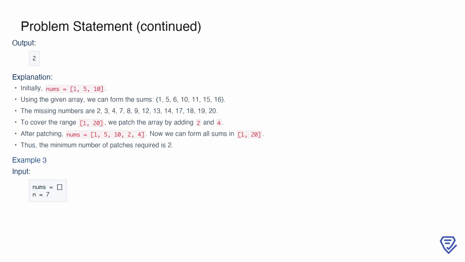To address this, we add the numbers 2 and 4 to the array. After patching, the new array becomes 1, 5, 10, 2, 4, and this allows us to form all sums up to 20. For instance, 2 is now directly in the array, 3 can be formed as 1 plus 2, 4 is a patch, 7 is 3 plus 4, and so on. By adding just 2 numbers, we bridge all the gaps, so the minimum number of patches required is 2.